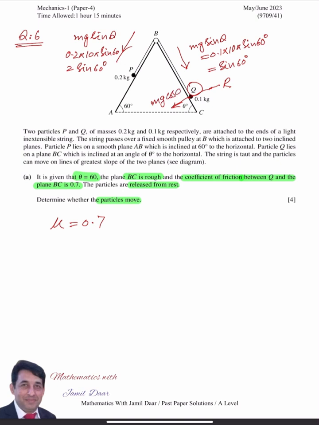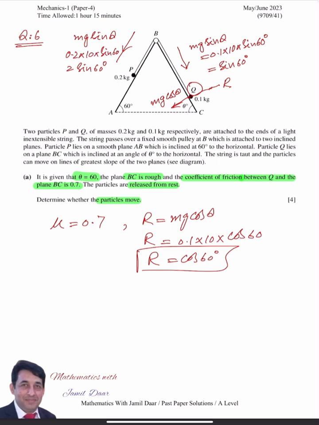So R is equal to mg cos of theta. That means this is equal to mg, m is 0.1 into 10 into cos. In this case, theta is going to be 60. So you can say R is equal to cos of 60.